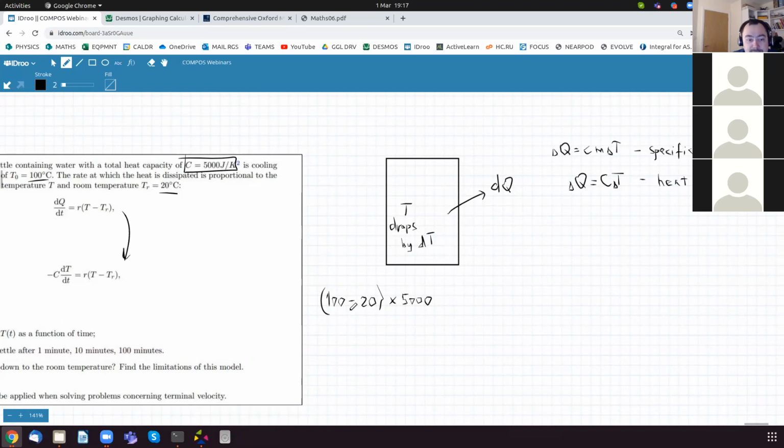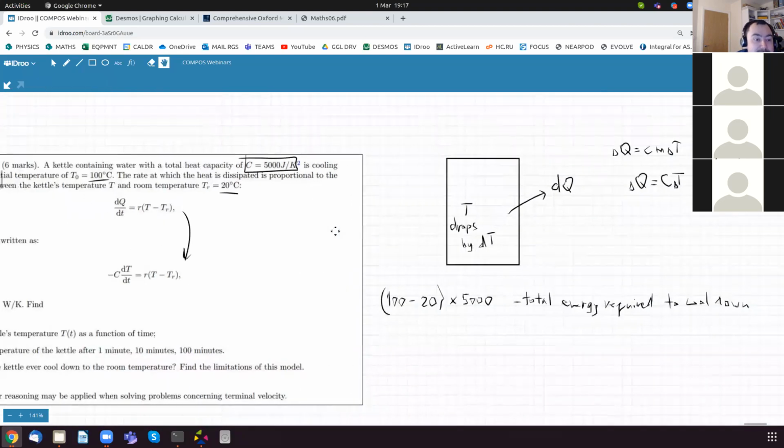Right, so this is the total energy required to cool down. K is Kelvin, absolutely, but it's not squared. This is a footnote.